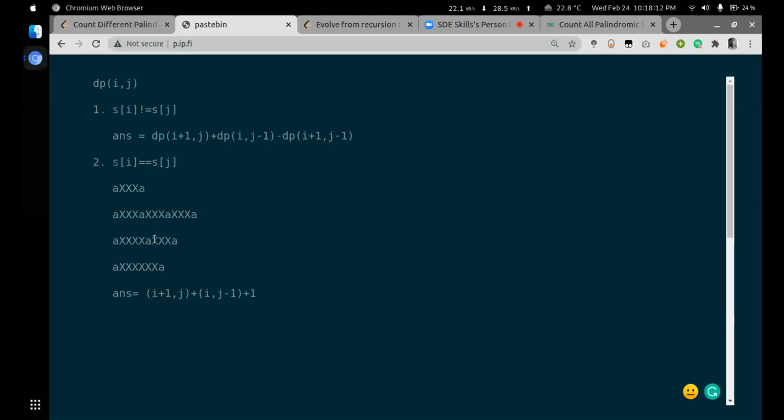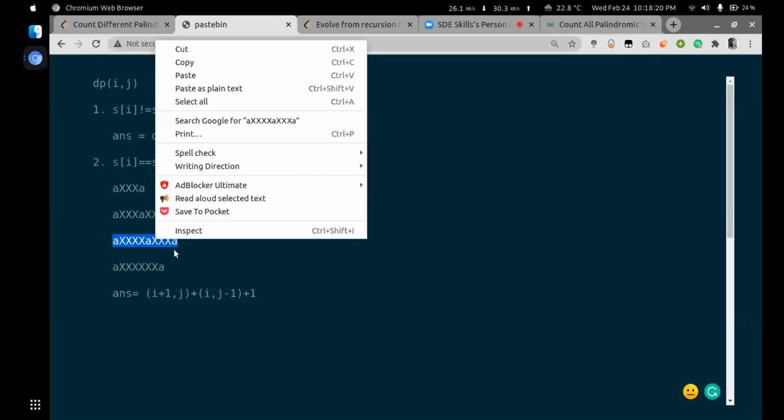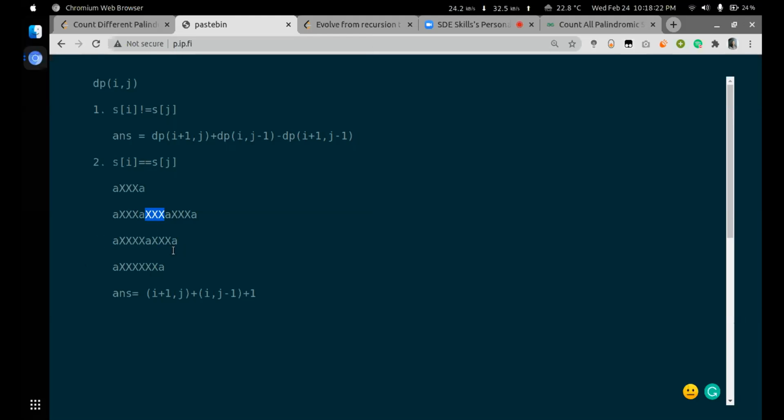So I don't have to take into consideration the cases when there are more than 2 A's. The reason is this subsequence will repeat again in this part. If I work with any specific case, all the cases will get repeated again and again.